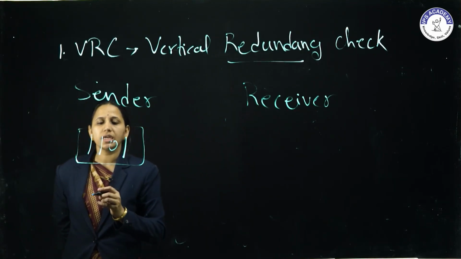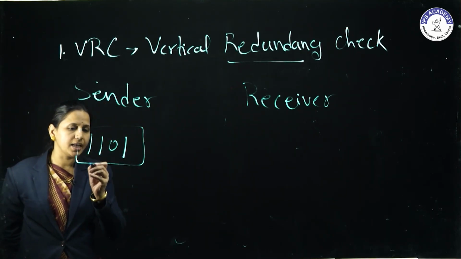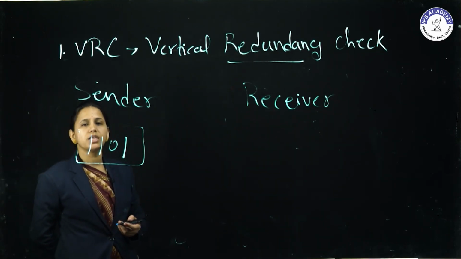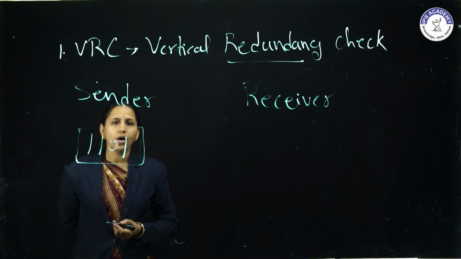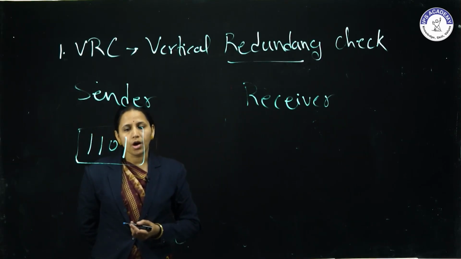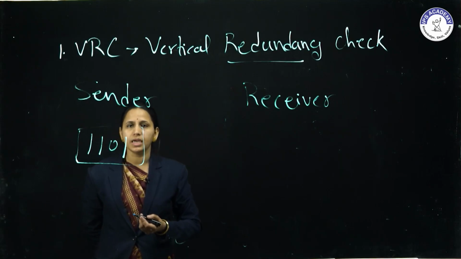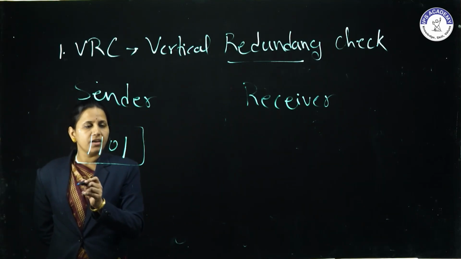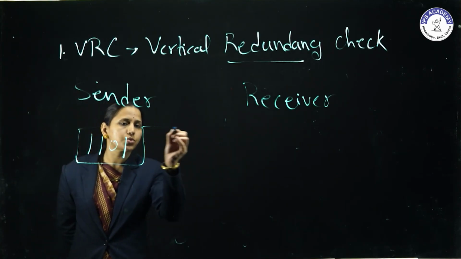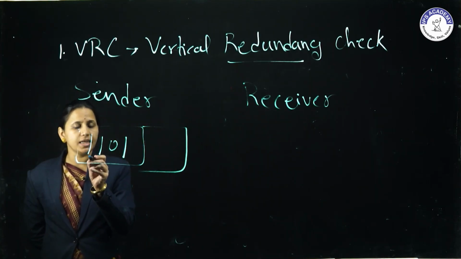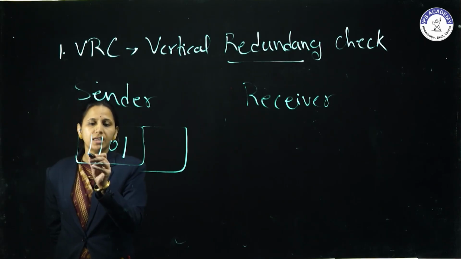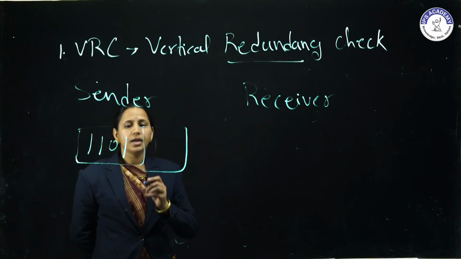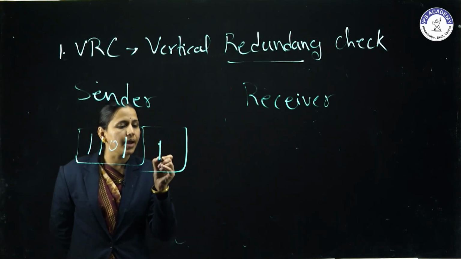If we are using the vertical redundancy check, then we use the parity concept, either even parity or odd parity. Suppose we are using even parity for this numerical. In case of even parity, the number of ones should be even, but there are only 3 ones: 1, 2, 3. To make it even, we need to add an extra one.